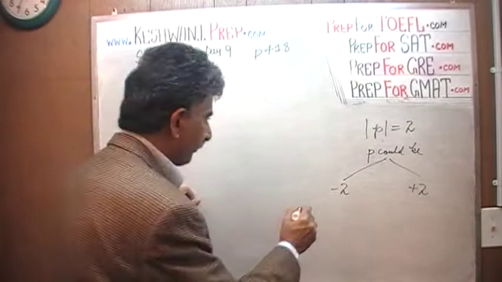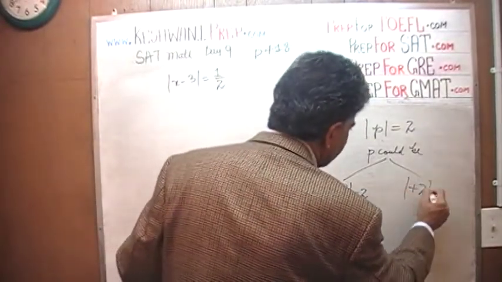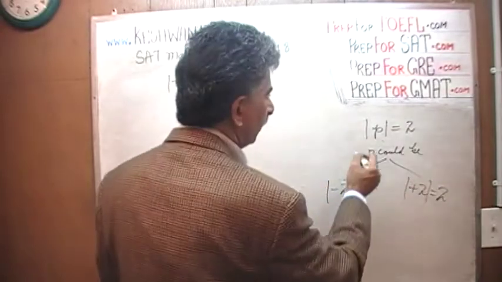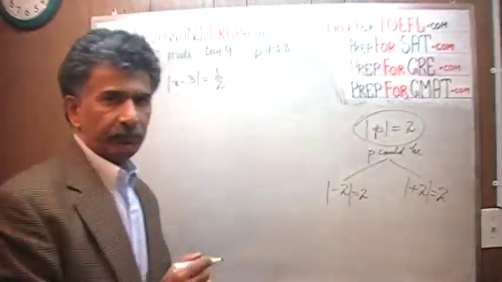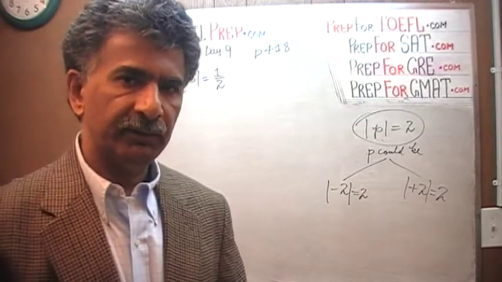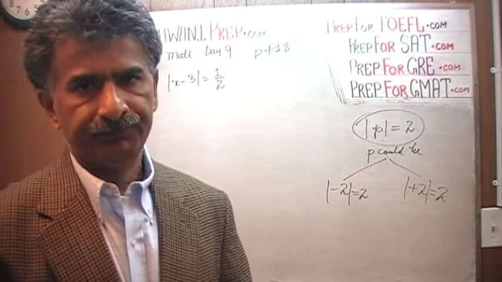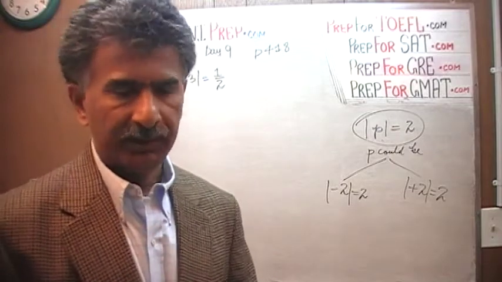Why? Because the absolute value of -2 is 2 and the absolute value of +2 is 2. Since the absolute value of p is 2, we cannot tell whether p is +2 or -2. It could be either.